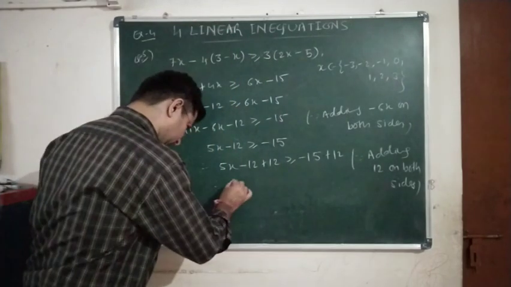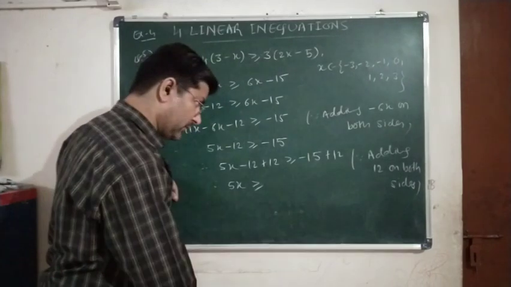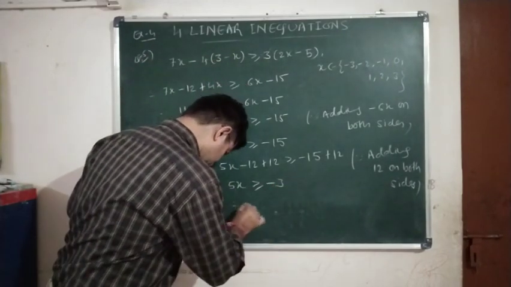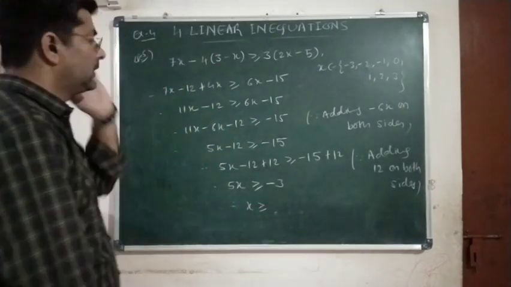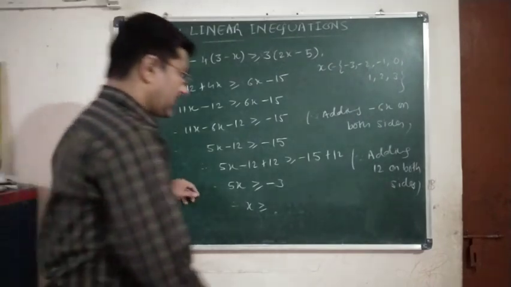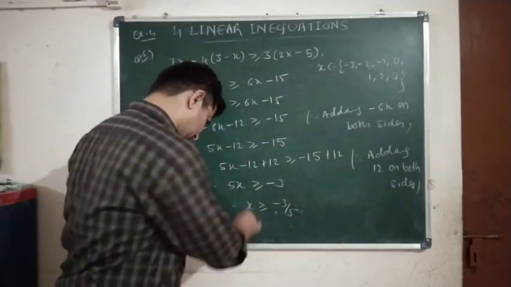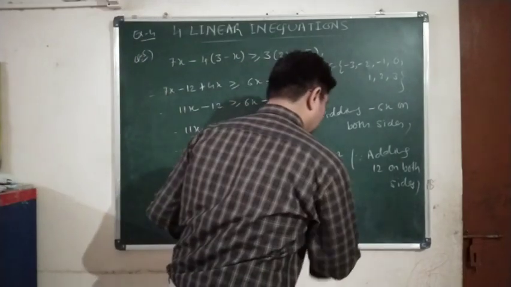Therefore 5x is greater than or equal to -15 + 12, which is -3. Therefore x is greater than or equal to -3/5. Clear?